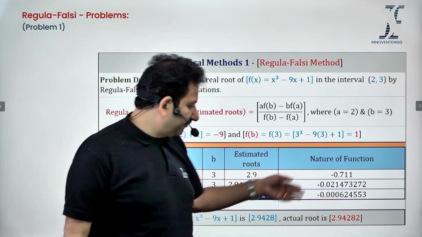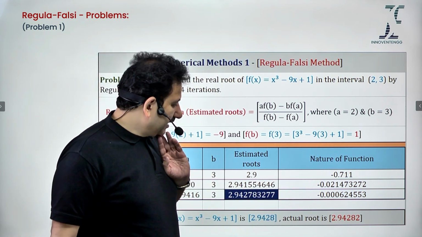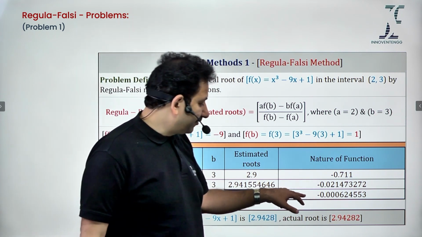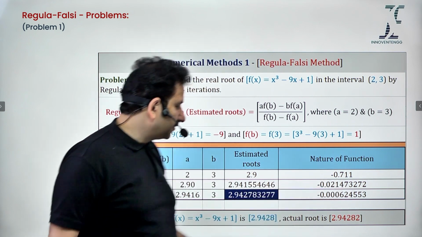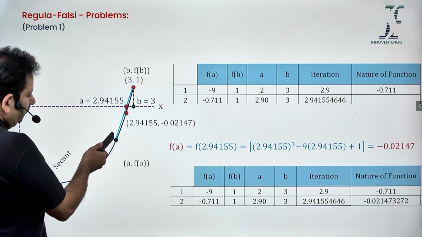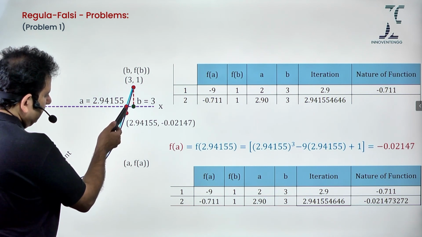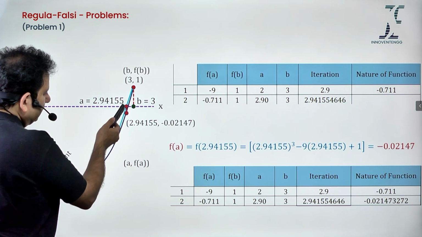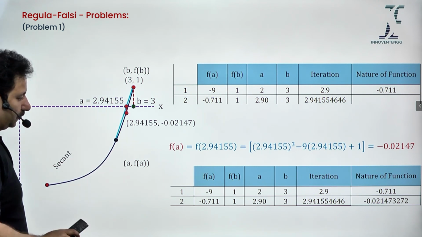But of course, here we have looked at the value of the function. Another way to halt your iteration is when the value of the function almost reaches 0. Why? Because you can see graphically when you draw a secant or a straight line between this point and this point, it almost cuts the x-axis at the exact root.